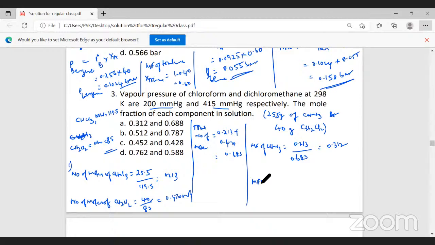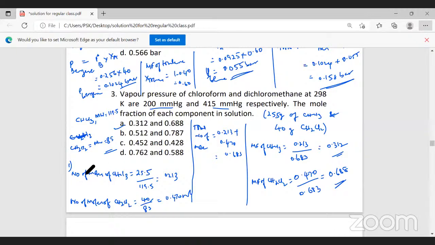Similarly, the mole fraction of dichloromethane, CH2Cl2: the number of moles is 0.470, total number of moles is 0.683. On simplification, we get 0.688. So the answer for this question is option A, 0.312 and 0.688.